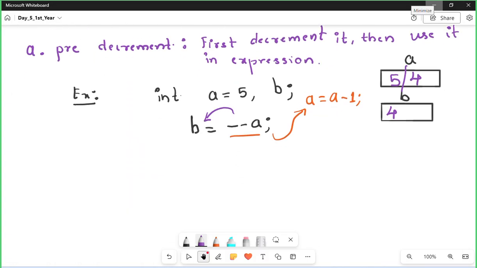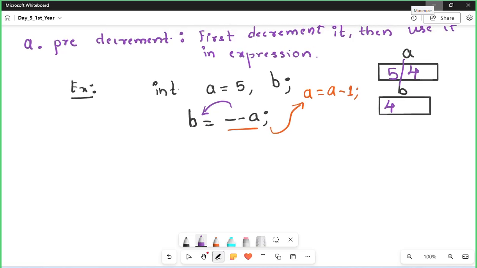Okay, next, the second one, post decrement. What will we do in post decrement?